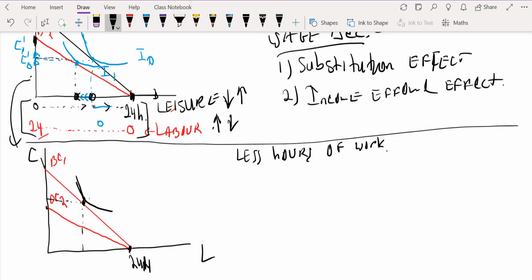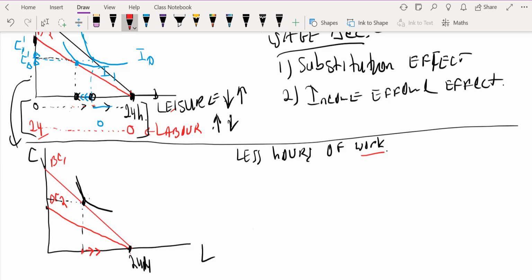Now, with less time for work, we will be having more leisure. So this is our original leisure time. Because we're working less now, we will be moving along the leisure line to the right of this point. So we're spending more time in our leisure environment, let's say.